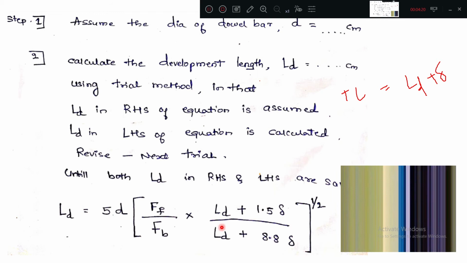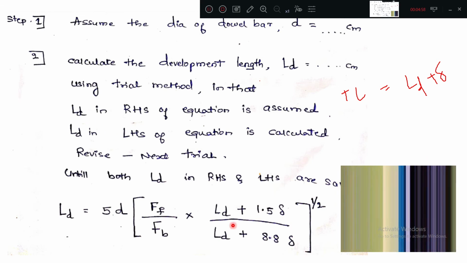Ff is given, Fb is given in the question, delta is also given, and D is the assumed dia from the first step. So by assuming LD alone, you solve this equation. By assuming this LD, you get a single value of LD, something like 40.